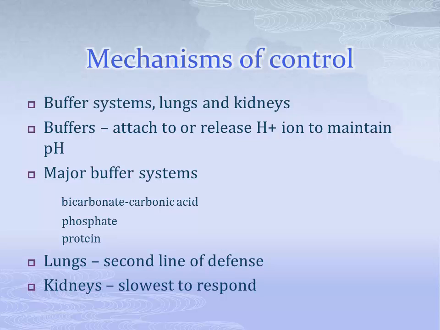Remember what happens once it gets to the pulmonary system. It immediately is broken down into carbon dioxide and water. So now we no longer have an acid. We simply have carbon dioxide, which is going to be exhaled, and water, and we can always use water. And so that process is continuous.